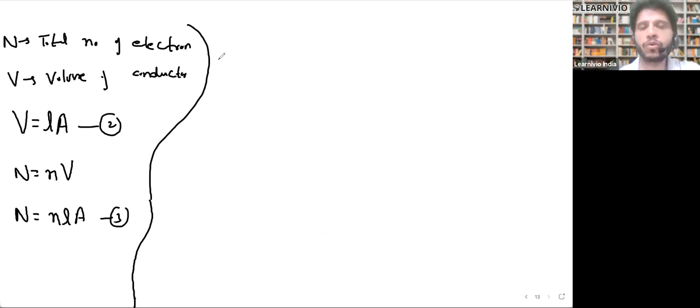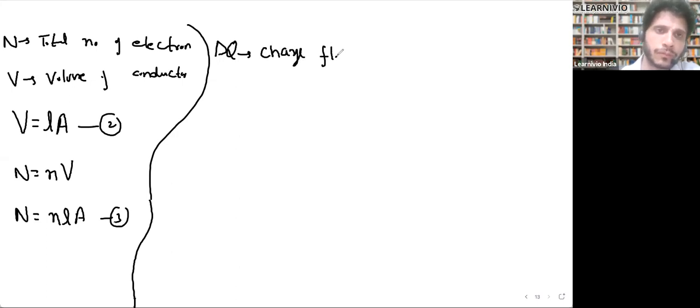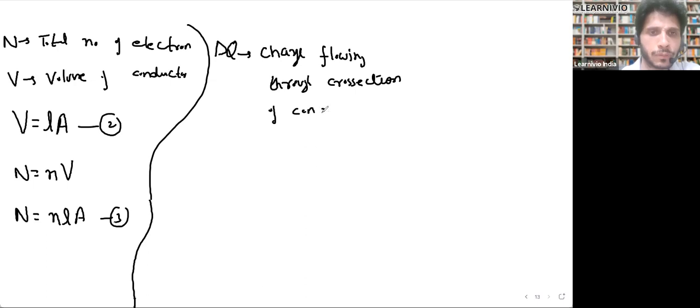The next is, now let's calculate current. For current, I need charge. Delta Q is charge flowing through the cross section of the conductor in time delta t.